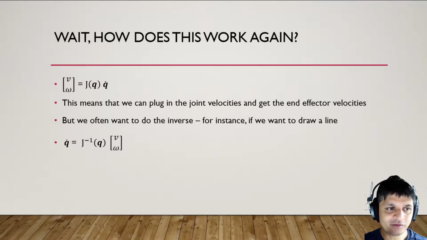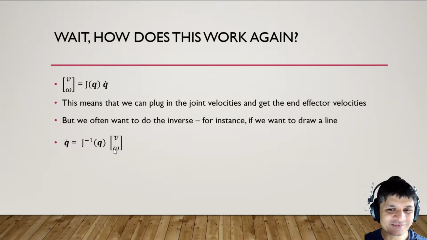So we know the desired velocity of the end effector, and what we want to figure out is what joint velocities we need to apply, right? Because control is the task of figuring out what to do about these q dots. Okay, we're trying to figure out what motor velocities or what powers we should apply to our motors. So we would prefer this expression, q dot equals J to the minus 1 of q times v, omega.